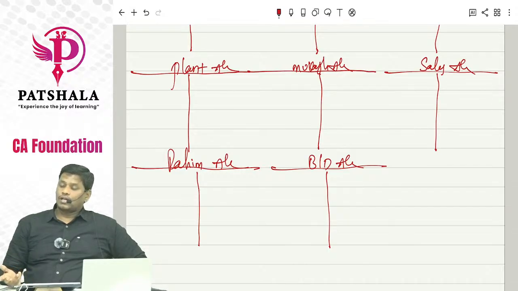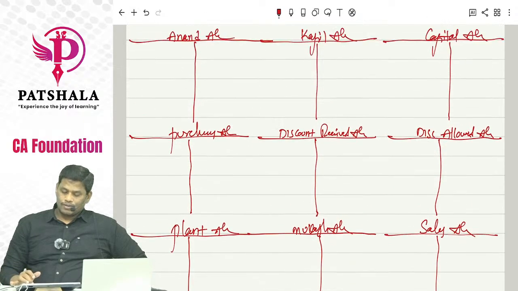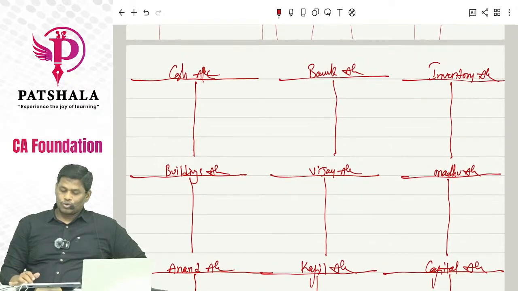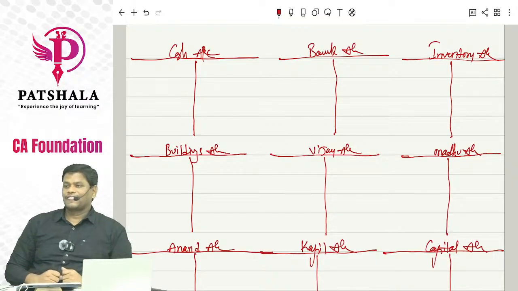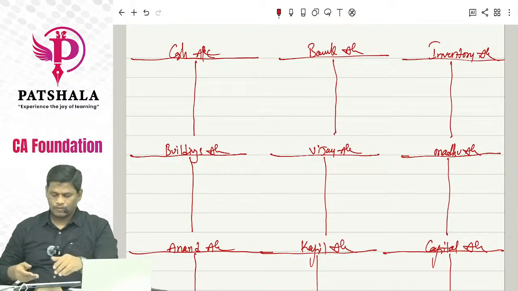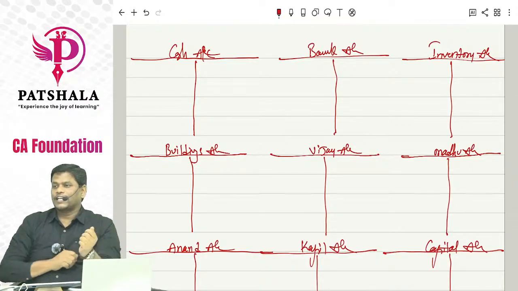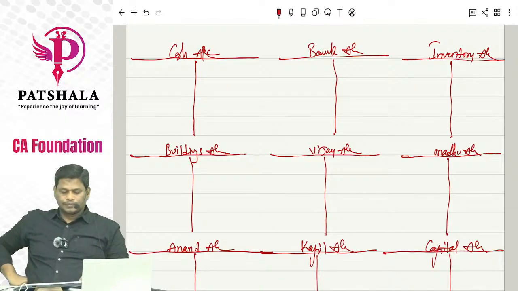How many number are there? Those many number you have to open. ఓపెనింగ్ బ్యాలెన్సెస్ ఉన్నాయి కదరా, 8 to 9 అకౌంట్స్. ఫాస్ట్ ఫాస్ట్. రైట్ ఆల్.